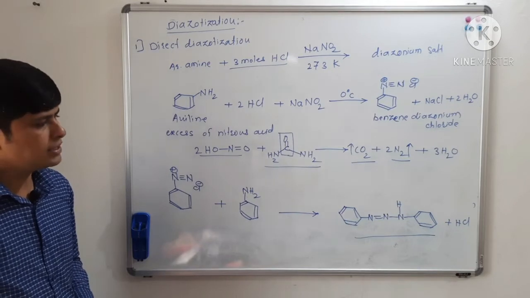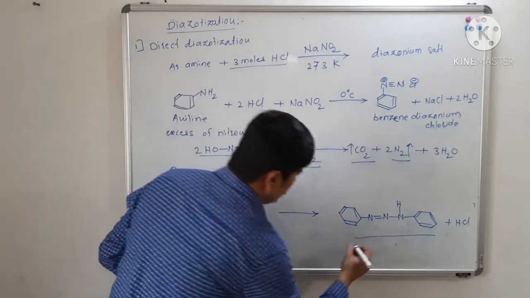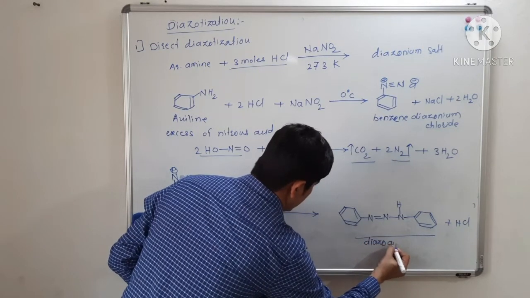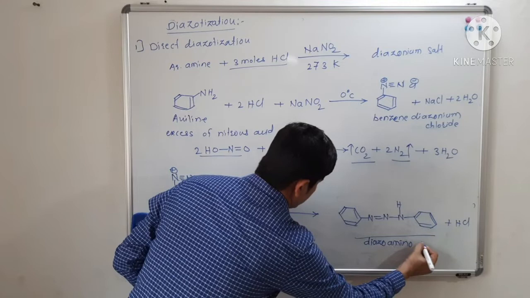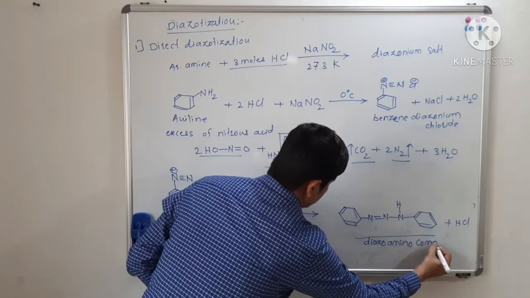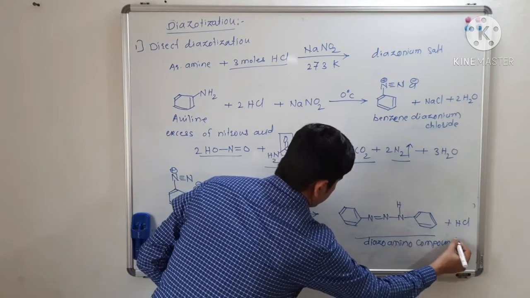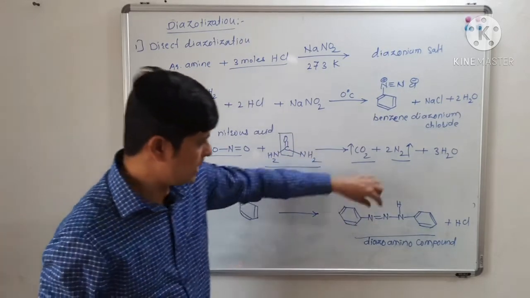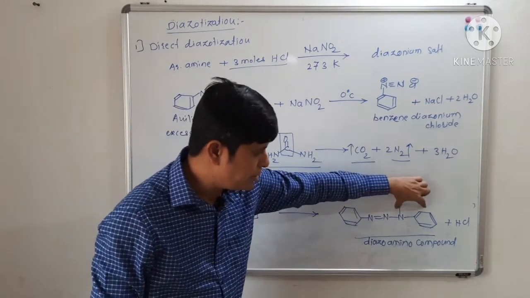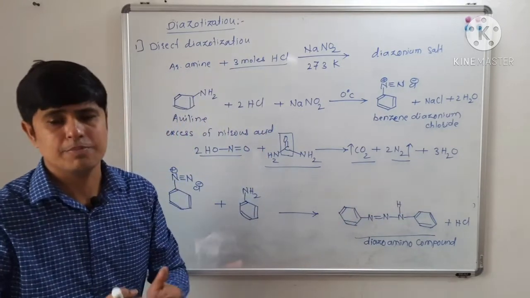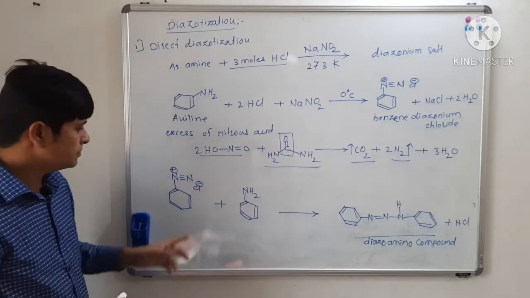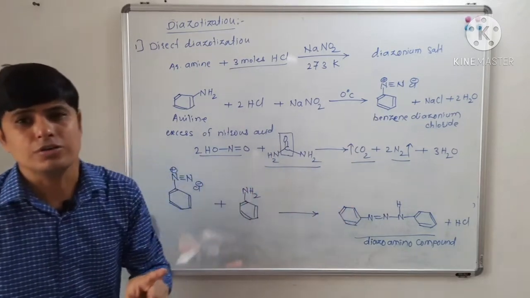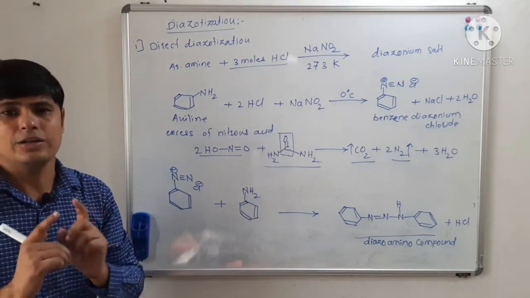What is it? Diazoamino compound. This is the side product that will form. Now when will it form? If we have not used the 3rd mole of hydrochloric acid.